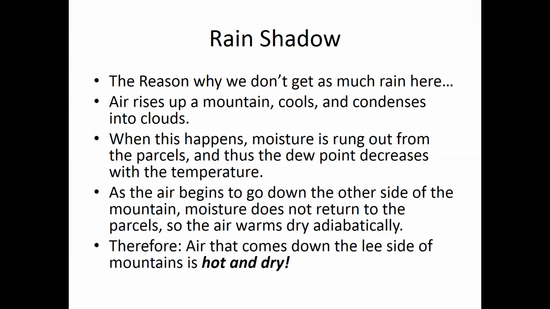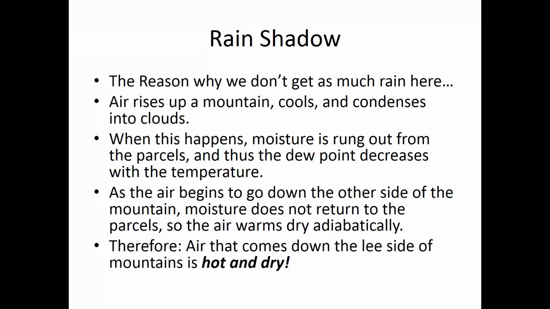That usually happens when the parcel of air reaches the top of the mountain. And then if the atmosphere is stable, the air then rolls down the other side of the mountain. In a stable atmosphere, the air that's forced up has to sink back down. So it sinks down the other side of the mountain.